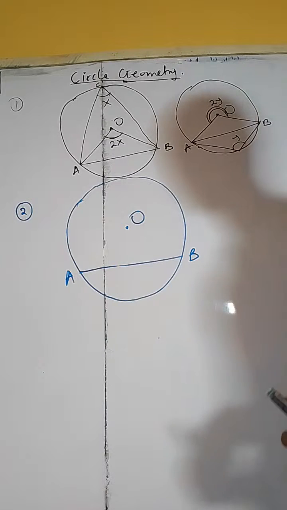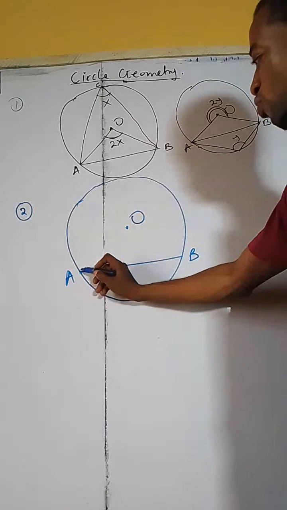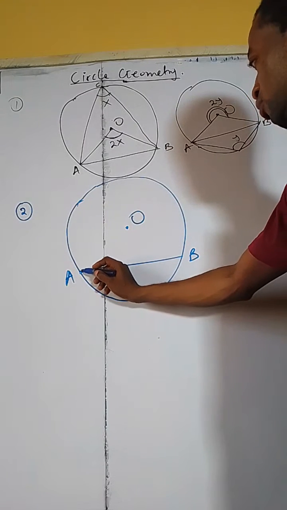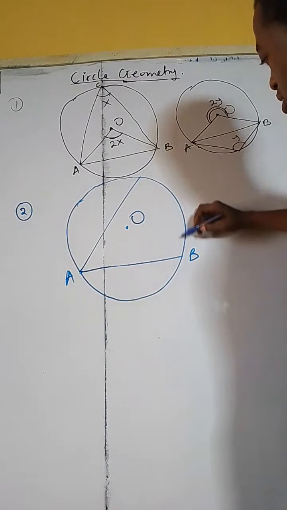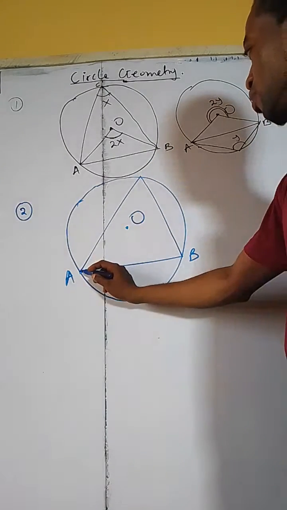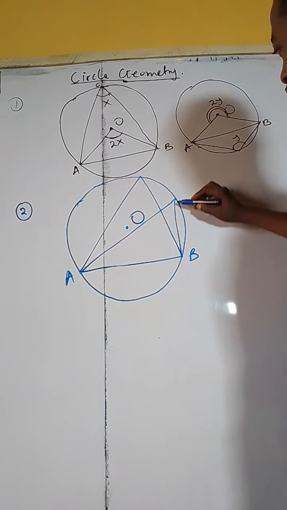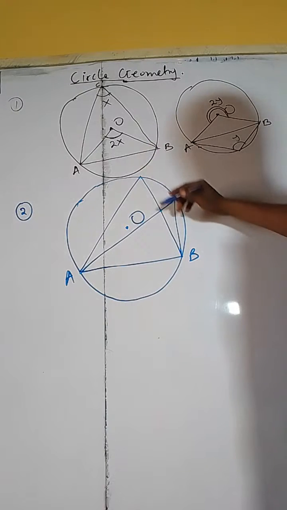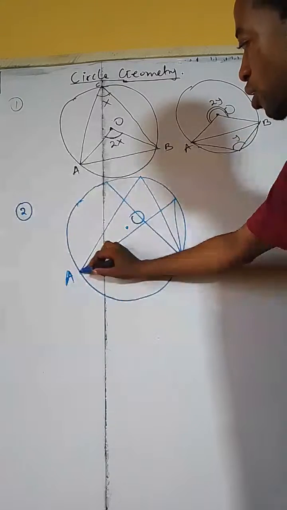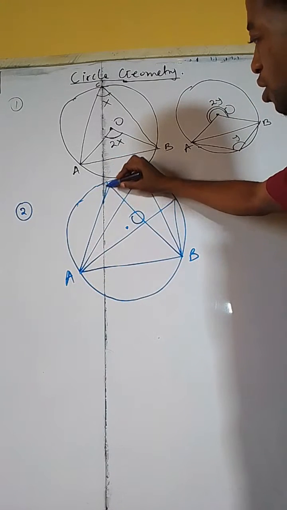Now all the angles formed by this chord in one segment are all equal. So let's say this angle here is formed by this chord in this major segment. So we have another angle formed also by the chord in this segment. Also we have it this way formed at this part of the circle.